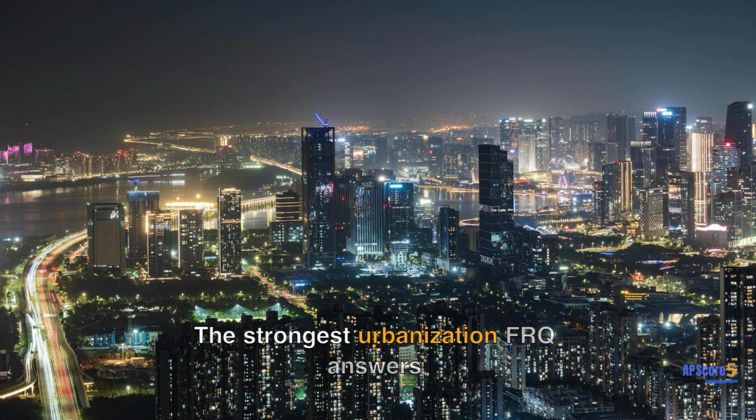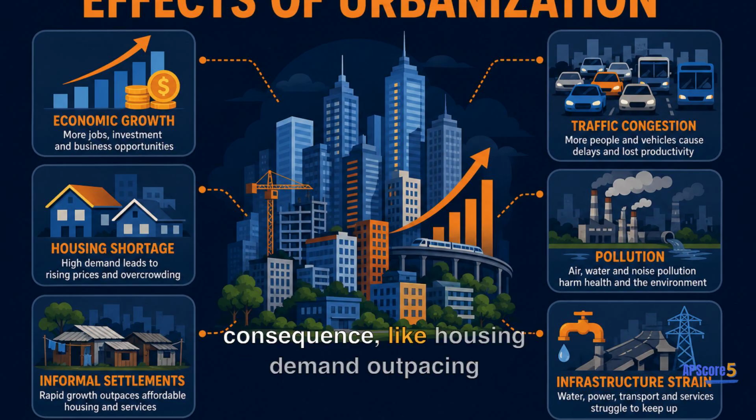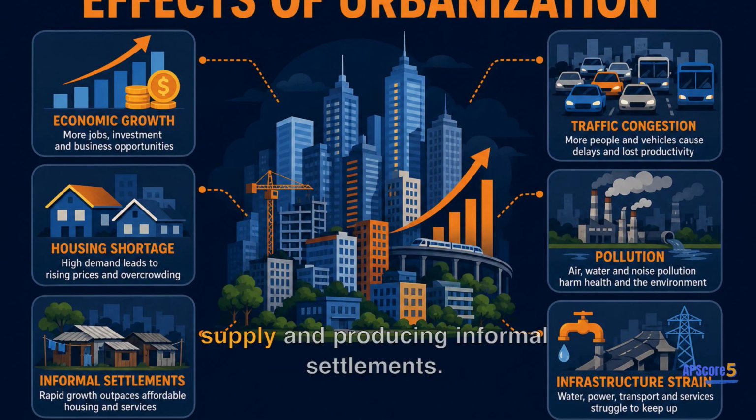The strongest urbanization FRQ answers follow a four-step chain that AP graders recognize instantly. Name the cause, like rural to urban migration driven by factory jobs. Describe the spatial pattern, like rapid concentration of population in the urban core. Connect the pattern to a consequence, like housing demand outpacing supply and producing informal settlements.